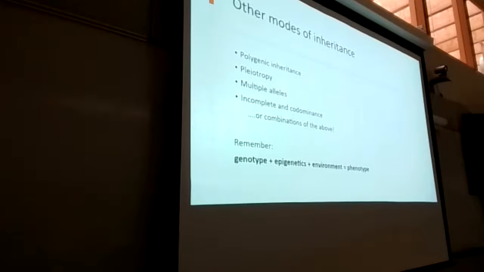Right? Often we have multiple alleles, more than 2 alleles. Hair color, for example. We talked about coat color in cattle last time. And we might have incomplete dominance and codominance. Ooh, what are those?